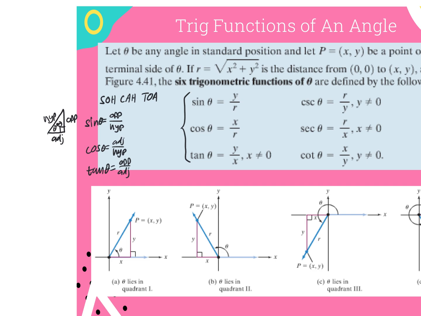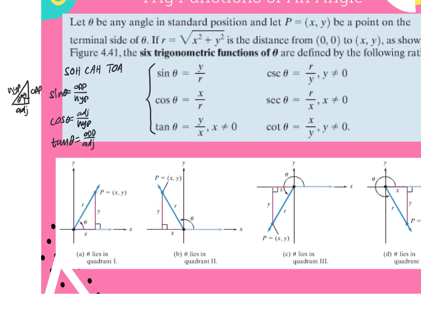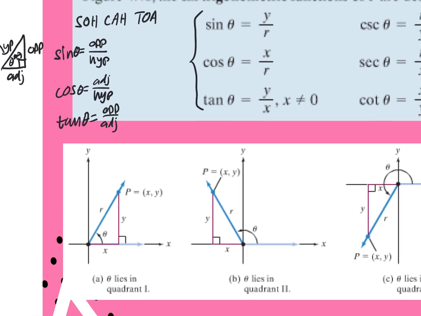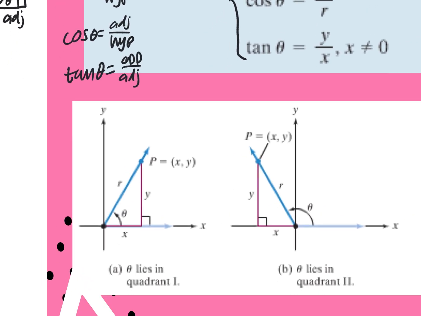Now, you're probably wondering what all the extra stuff on the screen is. Last lesson we talked about an angle in standard position. If we take an angle in standard position and it passes through a point in the coordinate plane, for example a point x comma y in the first quadrant, the terminal side passes through that point.